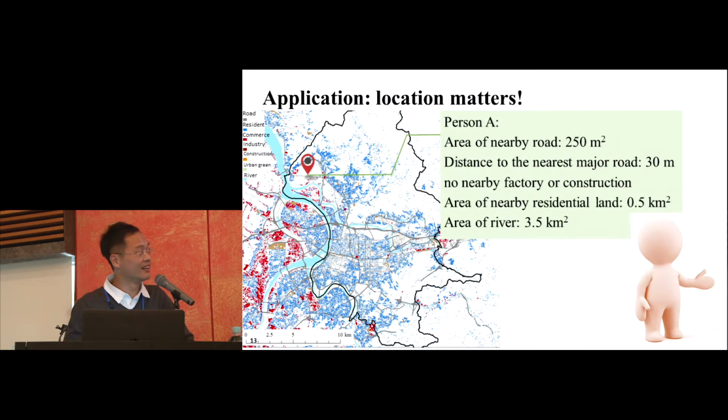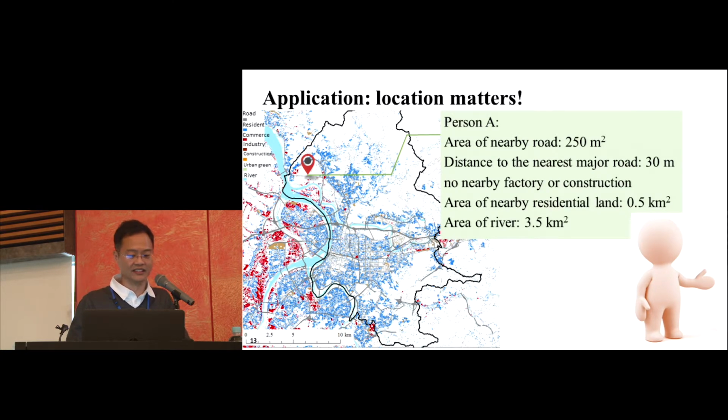Person A lives in an area where the surrounding area of nearby road is 250 square meters. The distance to the nearest major road is 30 meters. No nearby factory or construction area. The area of nearby residential land is 0.5 square kilometers.